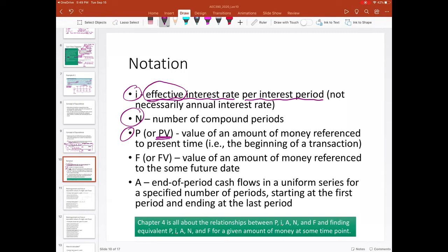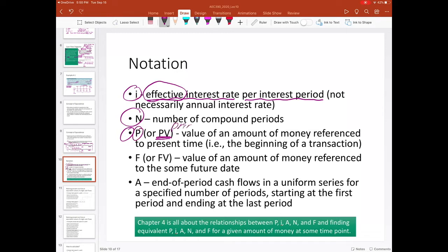You don't want to compare option 1's present value with option 2's future value. It's not comparable, because money has time value and can change over time, right? You don't want to compare present money with future money. But here the P or PV is just the equivalent value of a bunch of cash flows at the present time, or now.